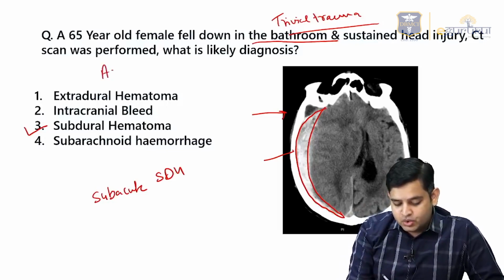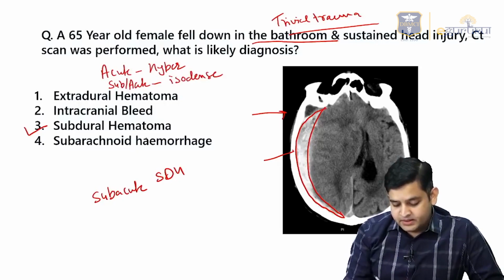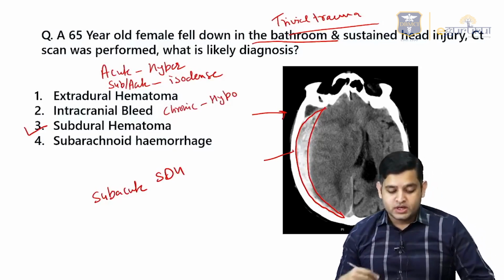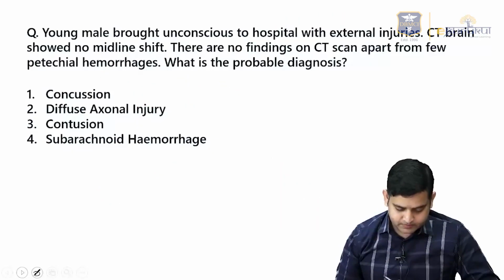If it is acute, it will be hyperdense. If it is subacute, it will be isodense, and if it is chronic, it is hypodense. So according to that, you will be able to pick it up in a much better way.